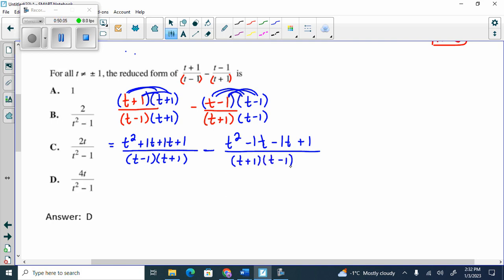Now, because they're the same denominator, you can write them all over one denominator, which is t plus 1, t minus 1.